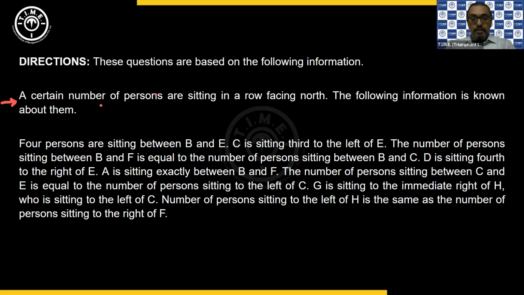Okay, so now let's begin with the first condition. We know all are facing north. So north facing, our left is the left of a person, our right is the right of a person. Okay, so 4 persons are sitting between B and E. Now when he says 4 persons are sitting between B and E, we know they are north facing.